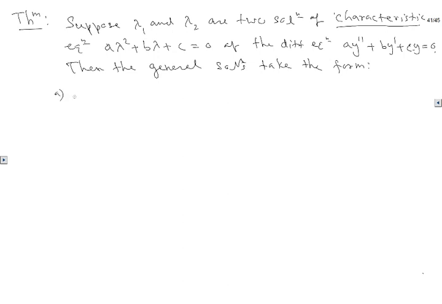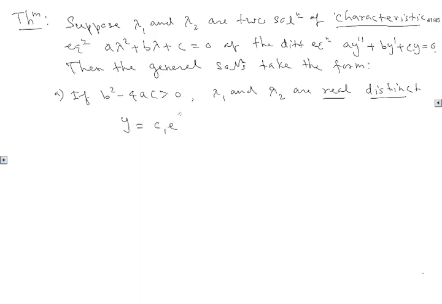First, if b squared minus 4ac is greater than 0, in that case lambda 1 and lambda 2 are real and distinct. So the solution is y equals c1 e to the lambda 1 x plus c2 e to the lambda 2 x.